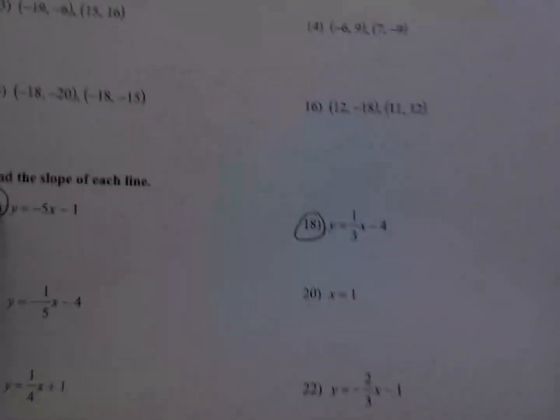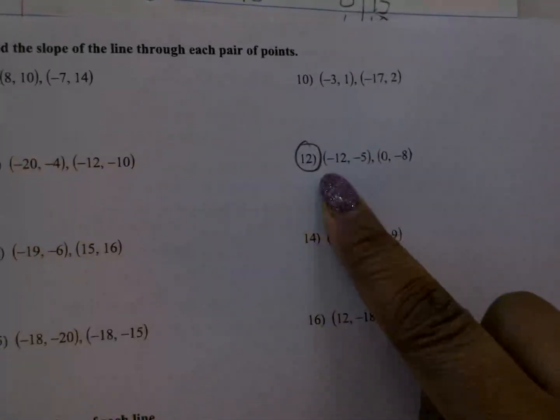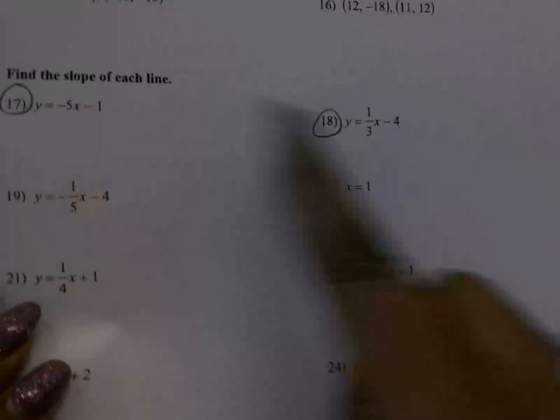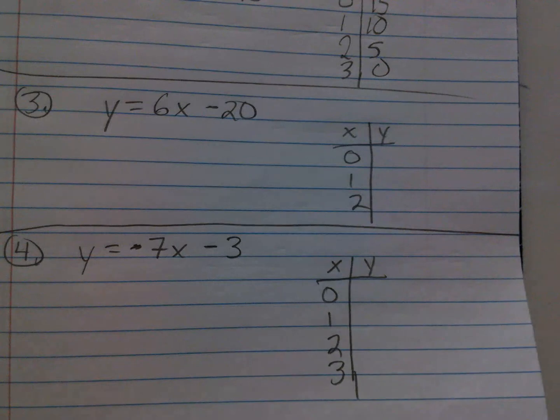I'm going to say those numbers again. 9, 12, 17, 18, and 26. Those are the ones I need for you to do. You need that sheet? Okay.